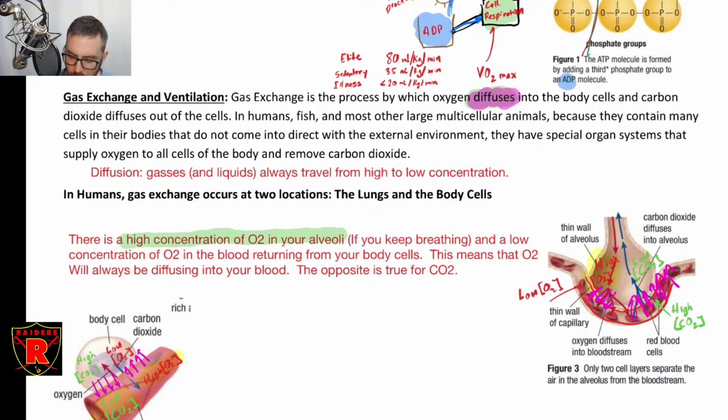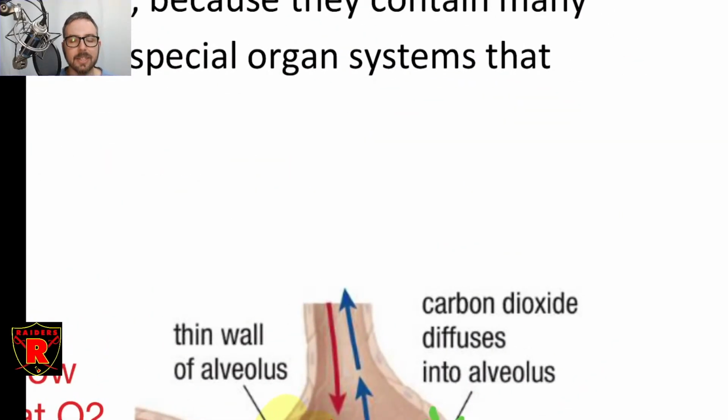Diffusion is the idea that gases and fluids, this applies to gas and liquid, always move from high concentration to low concentration, just based on the physical forces at work. That is a universal principle.